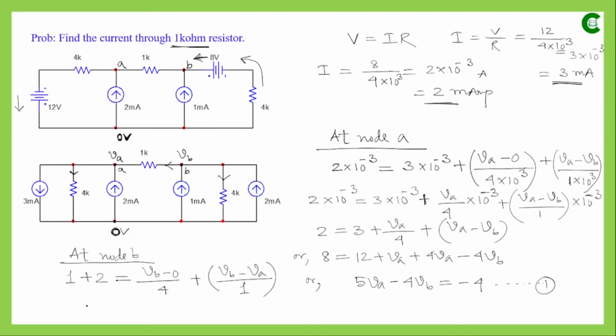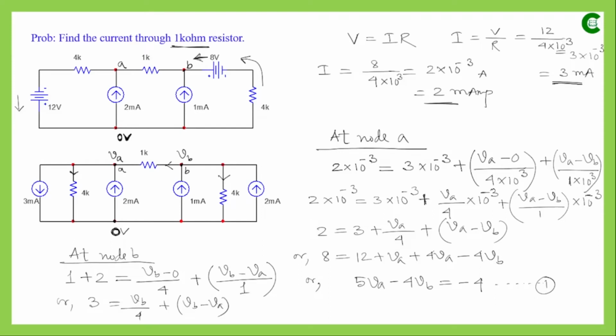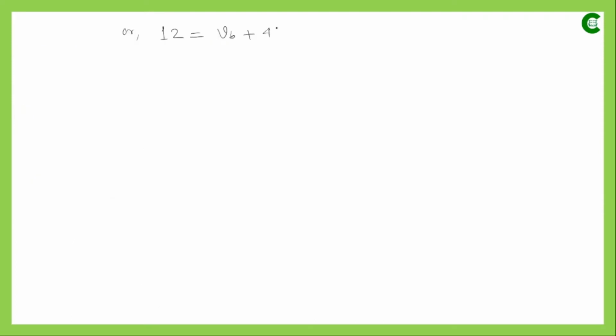Now if we simplify further, it will be 3, and then VB by 4 plus VB minus VA. Simplifying further, this side will be 12, and that will be equal to VB, and here it will be multiplied by 4, this VB minus VA.